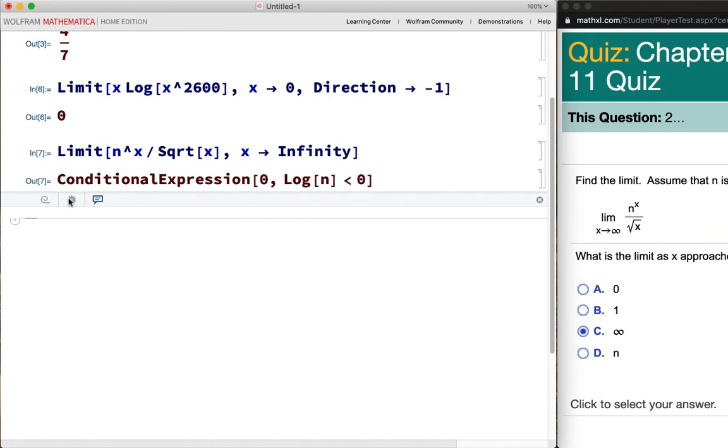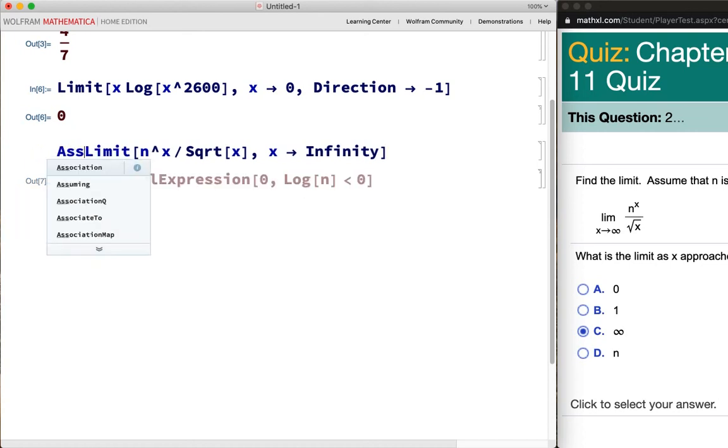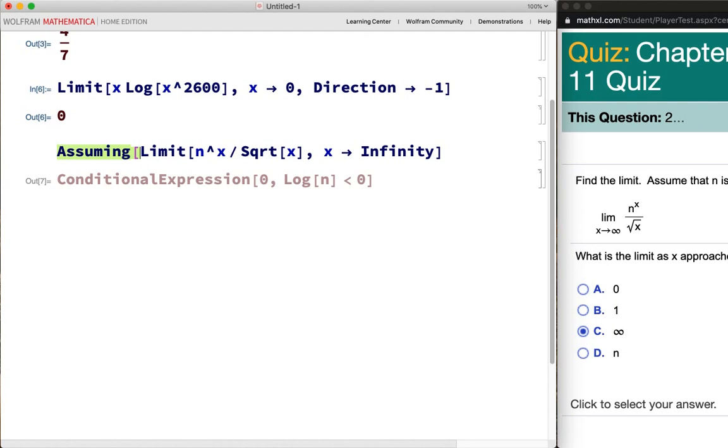Okay, conditional expression. We're getting a conditional expression here because Mathematica does not know that n is an integer and it has to be greater than 1. So what I can do here is simply add an assumption: n must be greater than 1.